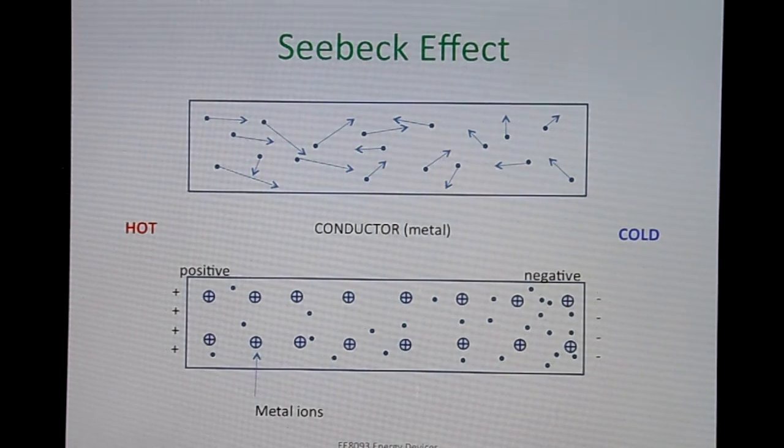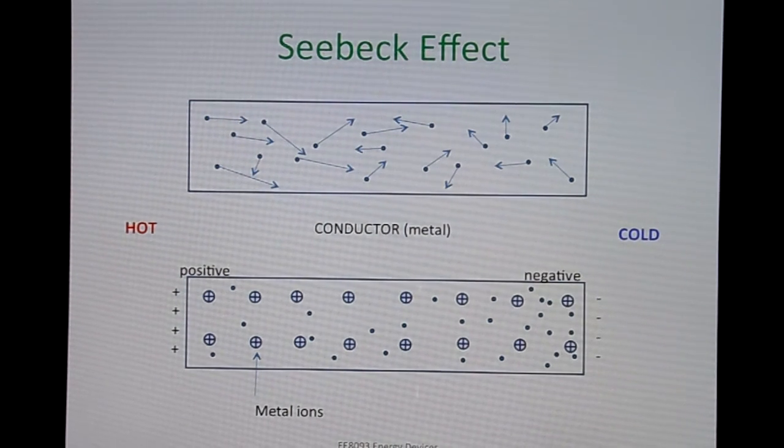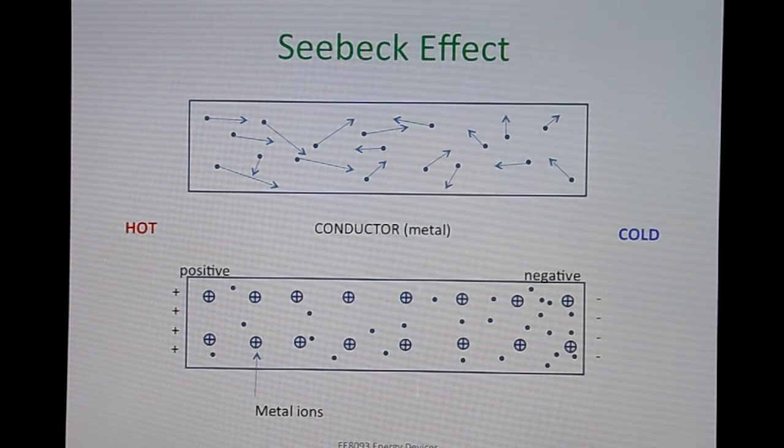So each of the blue dots represent the conduction electrons in a metal. The conduction electrons are free to move anywhere inside the metal. And that is why each of the blue dots has an arrow associated with it. And this arrow indicates the velocity of that electron.